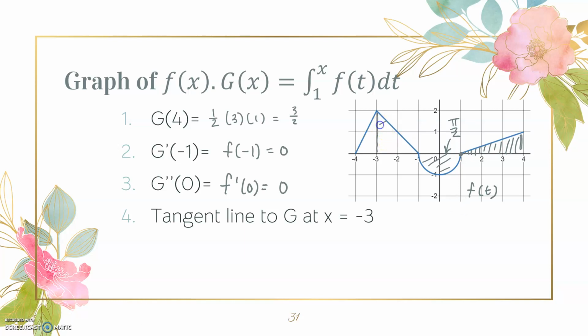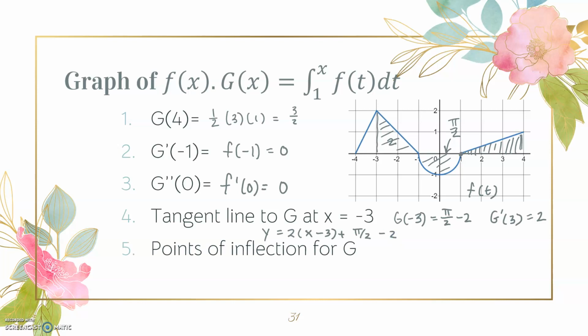And then the area of this triangle, which is 2, is going to count as negative. So g of -3 would be pi over 2 minus 2. g prime of -3 would be the y-coordinate, so that'd be 2. And so my equation for my tangent line would be y = 2(x + 3) + pi over 2 minus 2.